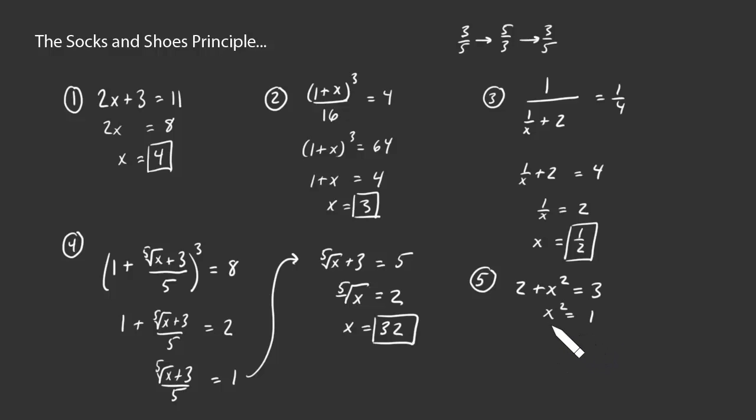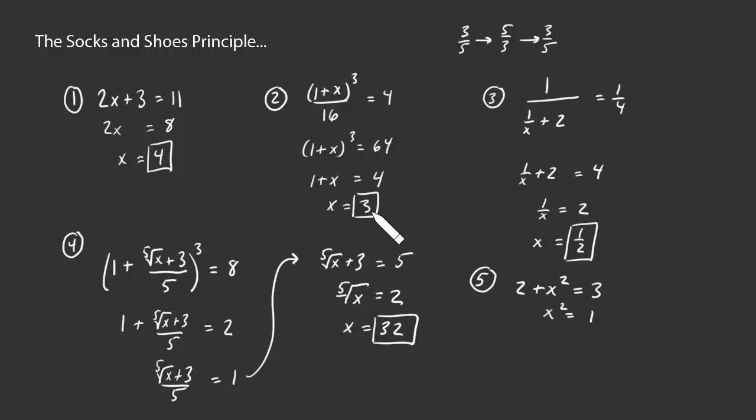Now, there's only one operation remaining here. We squared x. We have to undo squaring x. But here's the wrinkle, right? The wrinkle in the sock. You can't undo squaring uniquely, right? All these other different operations, multiplying by 2, you can undo by dividing by 2.